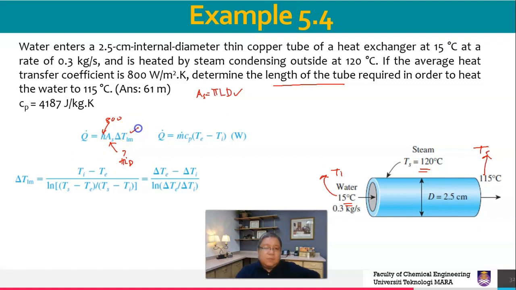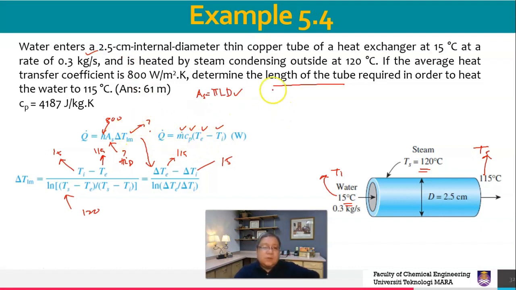And you have to determine what is T log mean, by this equation. Te, you already know, is 115. Ti is 15, Ts is 120, and so on and so forth. So you will definitely get delta T log mean, and this is basically just plugging into the equation. m dot is given here, but make sure that the units are consistent.